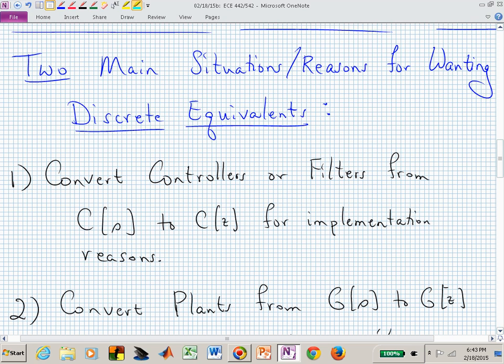C of Z will allow us to now cross-multiply and generate a difference equation. And then we simply number crunch or put it into Excel. That's one reason for going continuous to discrete.